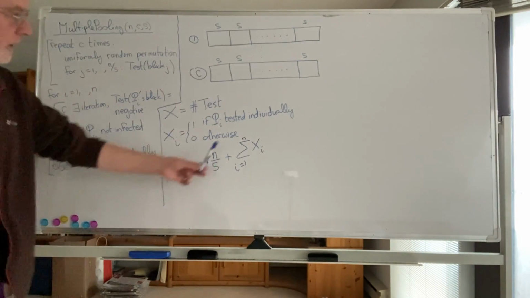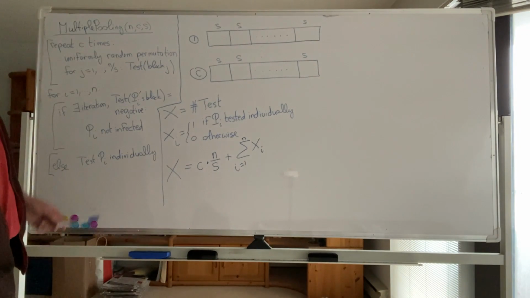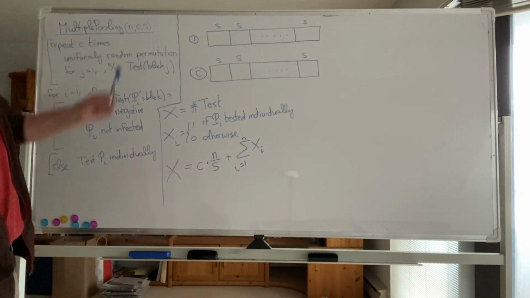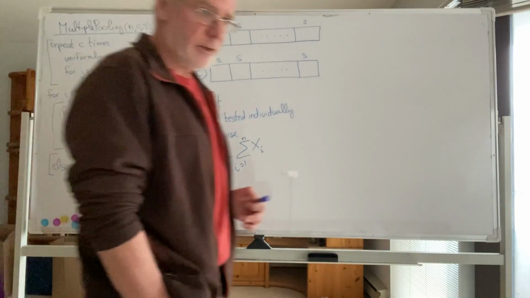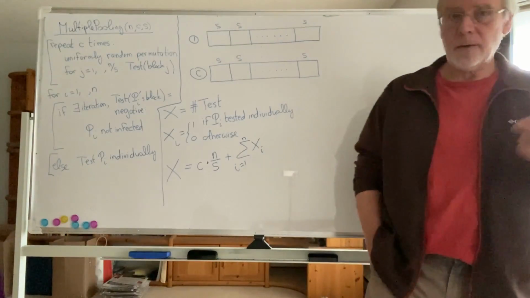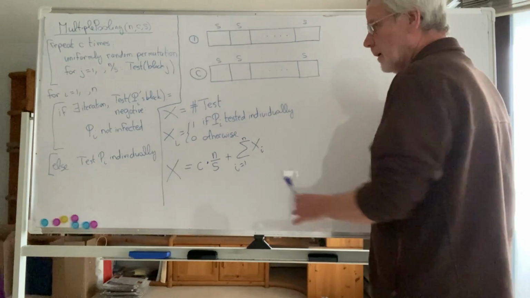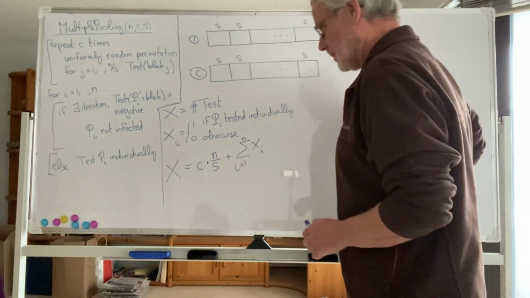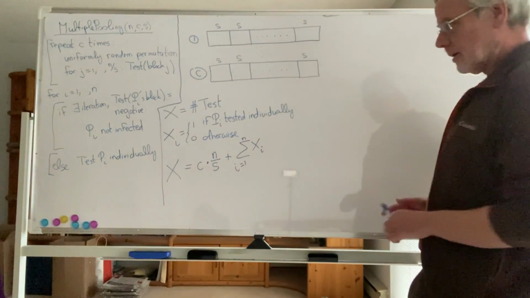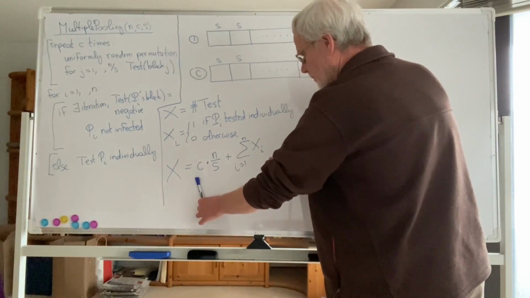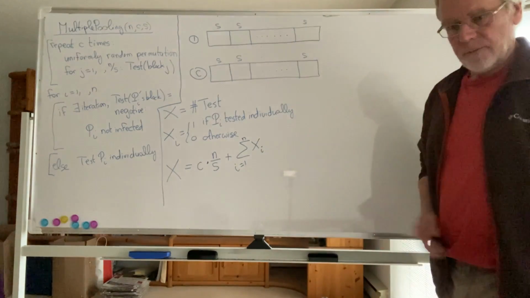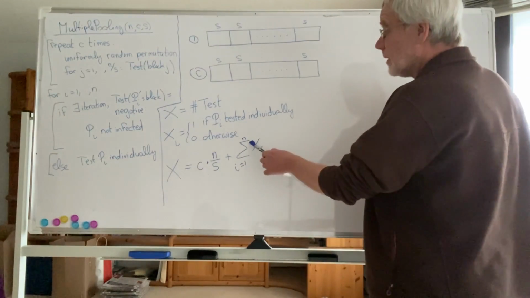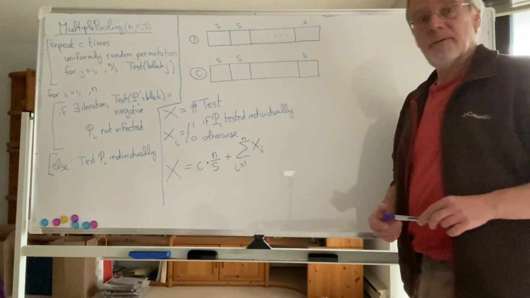Okay, so x is equal to this here. And if c is equal to 1, then we get exactly single pooling, which we saw in part 1, and then we get exactly the same expression. Now the expected value of x is the expected value of the sum, which is the sum of the expected values. So again, we have to determine the expected value of this random variable Xi.